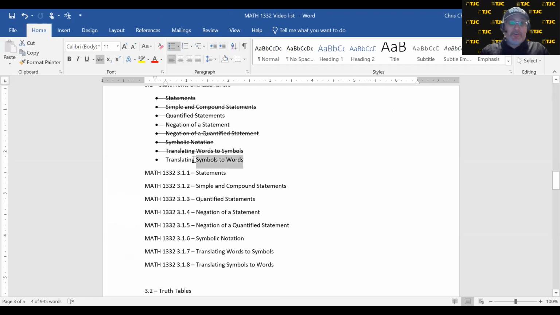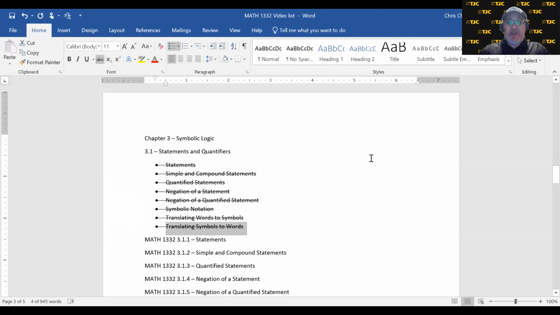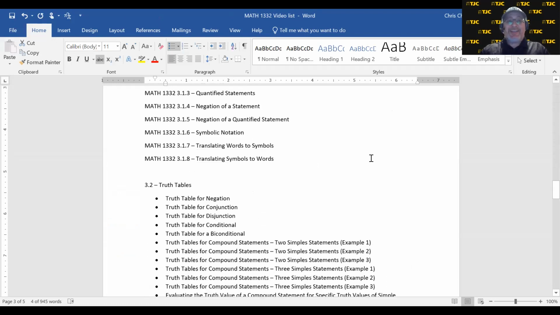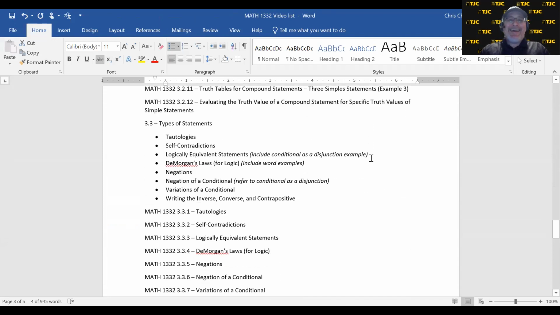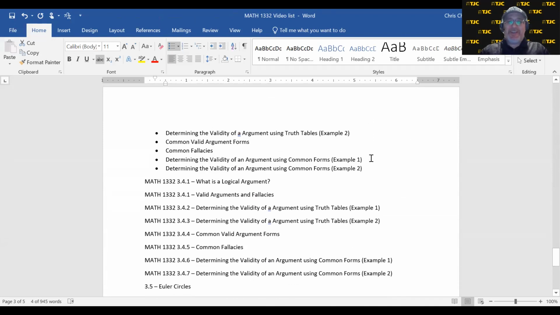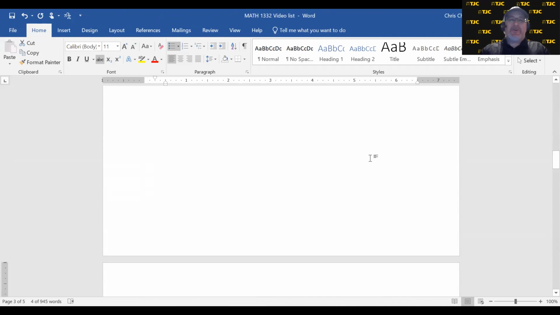I've just done this one, translating symbols to words. And this was just the first section in chapter 3, which has 5 sections. This next one's going to take some time. They don't get much shorter until the end, but that's typically how these go. So yeah, you didn't need to see all that, but I have no secrets. I have nothing to hide.